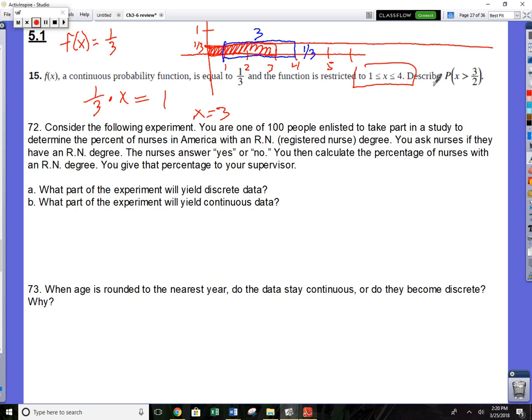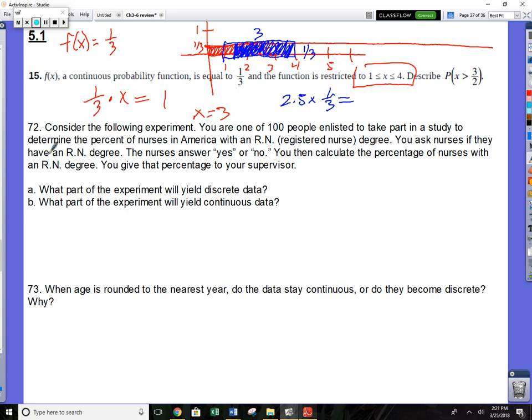So describe the chances of x being greater than 3/2. 3/2 is 1.5. So it wants to know what is the area under this curve right here. The width of the shaded area is now 2.5 times the height of 1/3, and whatever 2.5 times 1/3 is, that is the probability of landing anywhere in this shaded region.